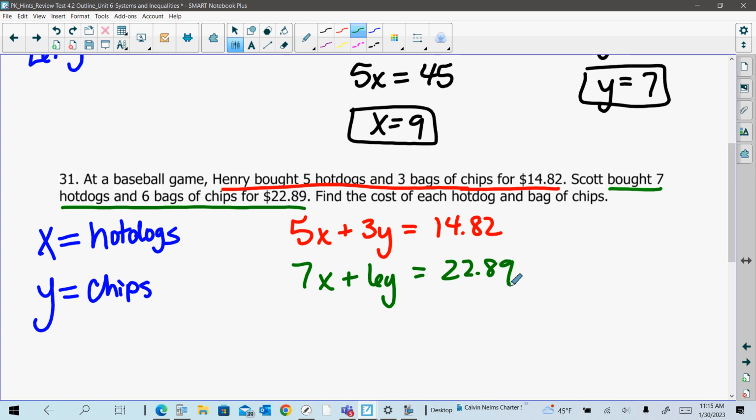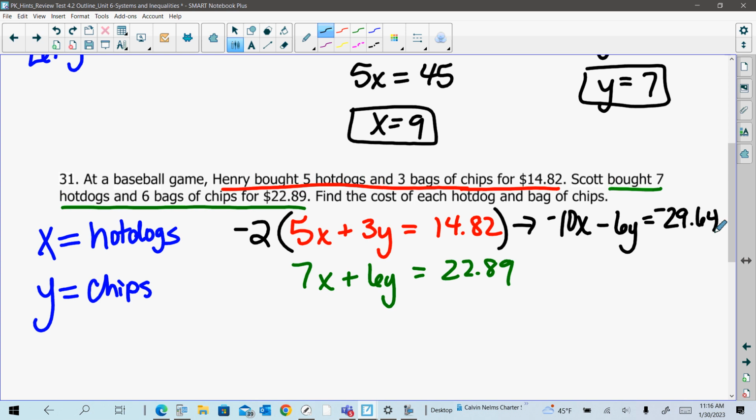Okay, now we can do elimination, but we have to create opposites. Which term should we try to eliminate or create an opposite for? The Y. The top one here, we need to multiply by a -2, so it becomes an opposite. So this becomes -10x minus 6y equals a negative 29.64.